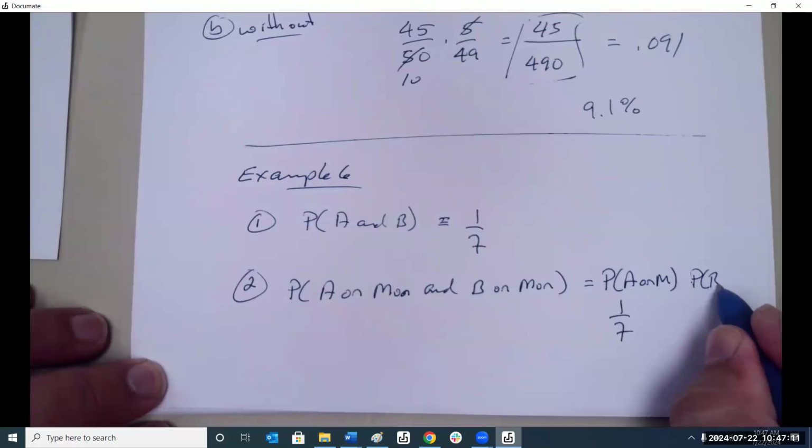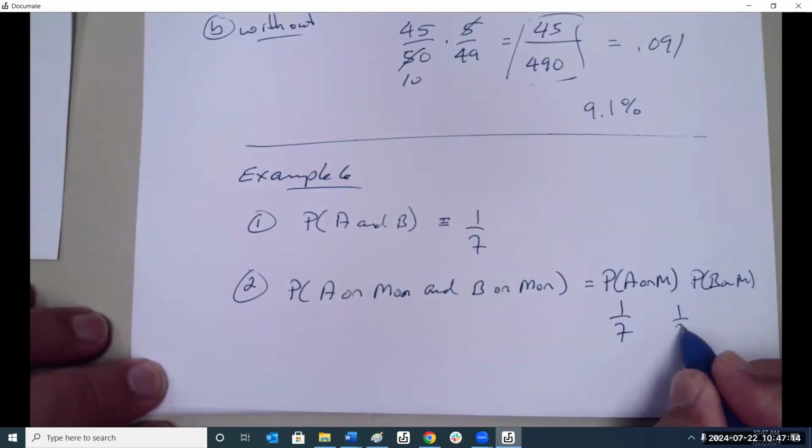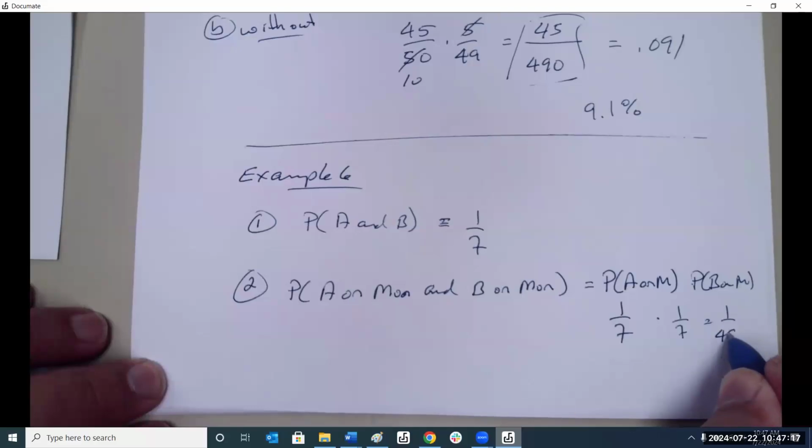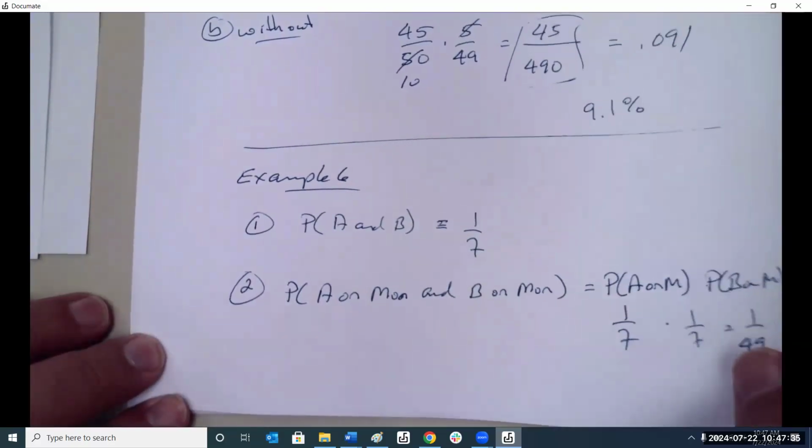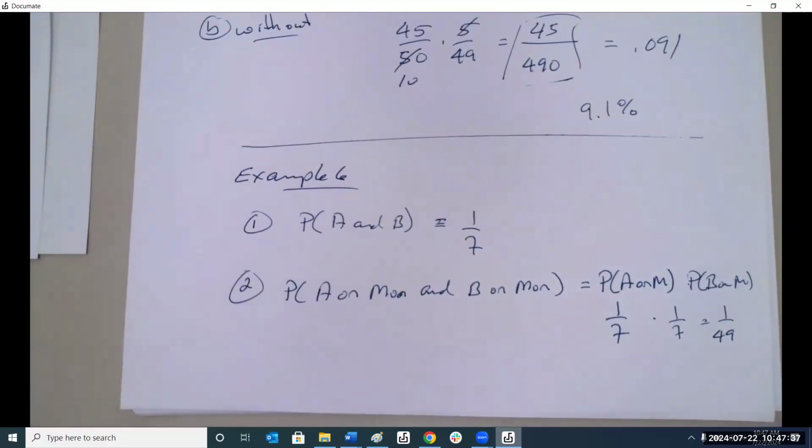And the probability of B on Monday is also 1/7, which is 1/49. So that's just looking at whether it's one day of the week or if both people are on the same day of the week. So it's the way the sentence is stated that determines how you interpret what it's asking.